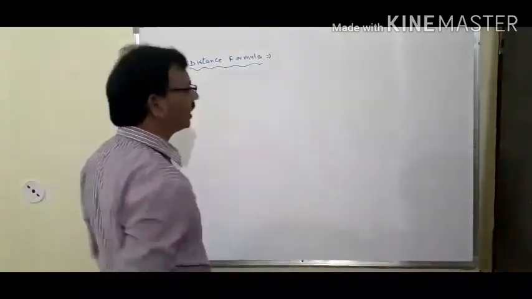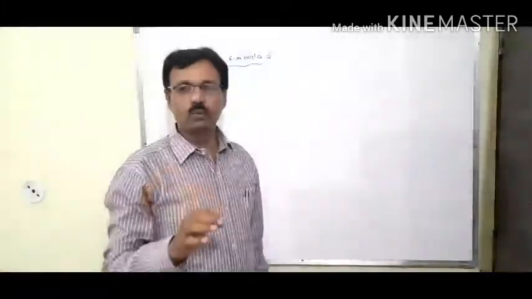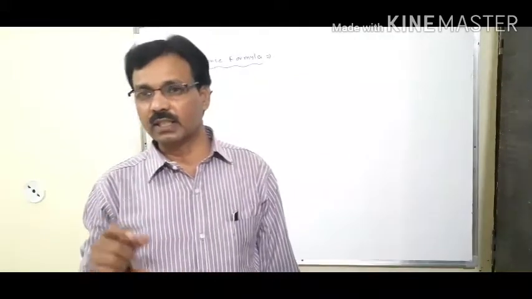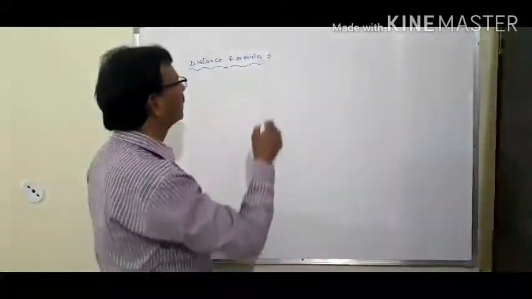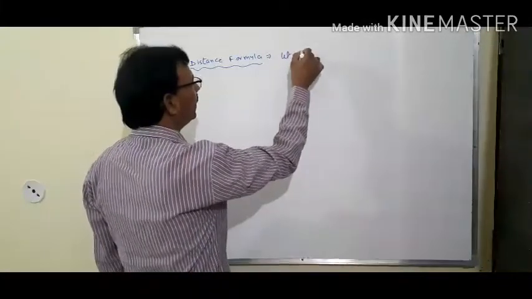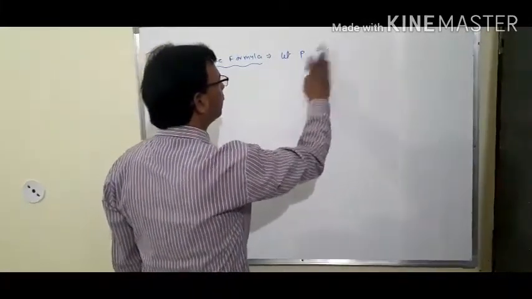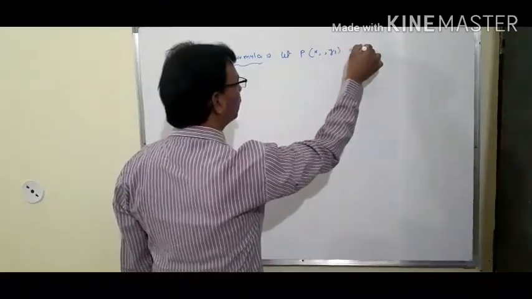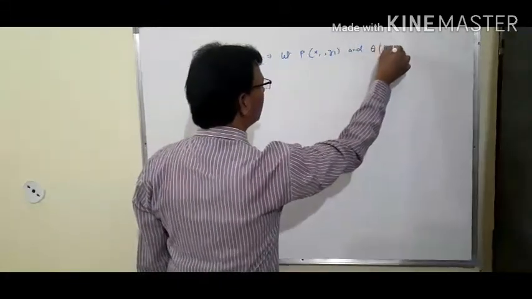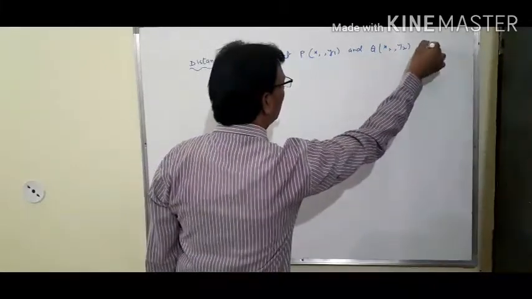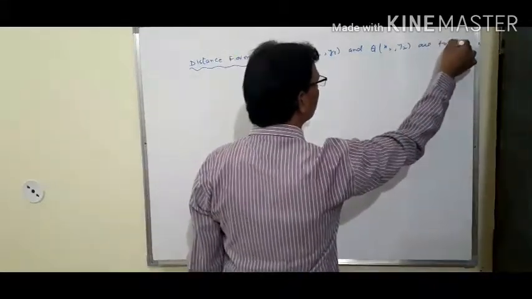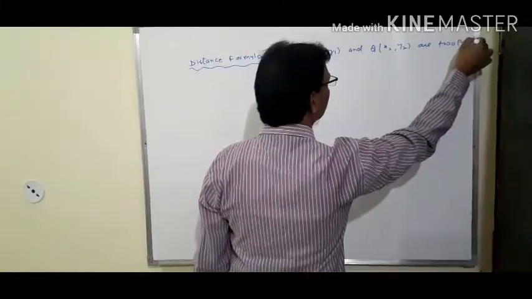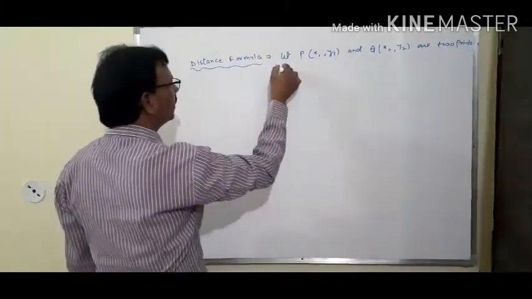The formula by which we can find the distance between any two given points in the Cartesian plane is known as the distance formula. Let P (x1, y1) and Q (x2, y2) be two points in a plane.